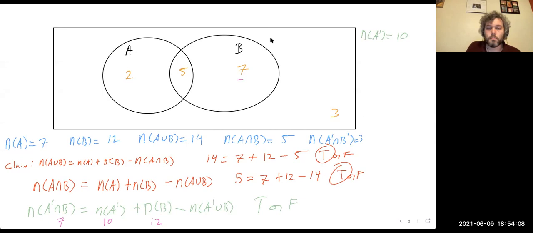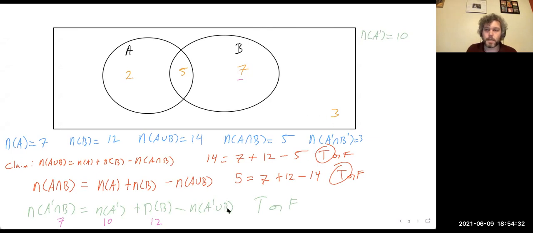I should probably slow down just a little bit and talk about what this is, because there's a little bit of confusion sometimes with this. Remember that union means you're adding sets together. Everyone that's included gets added in. So with A complement union B, everything gets added in. A complement is this 7 and this 3.